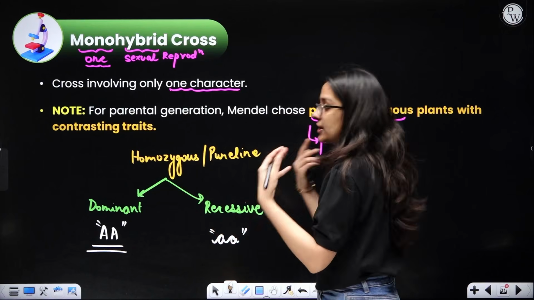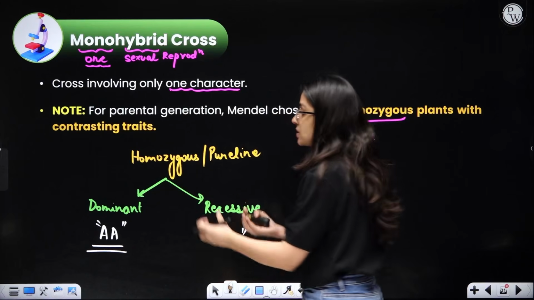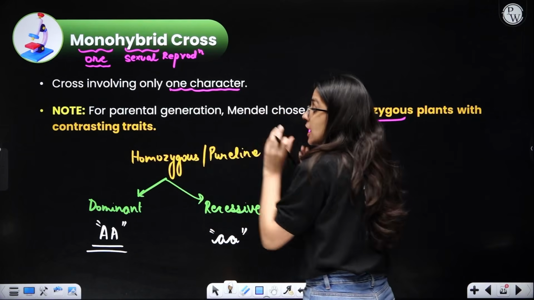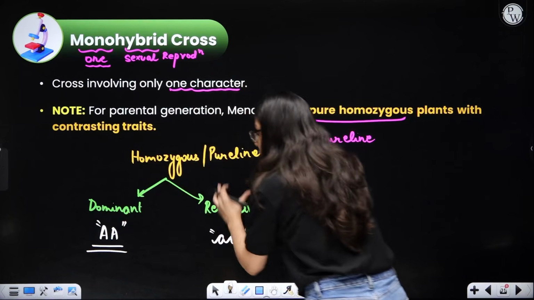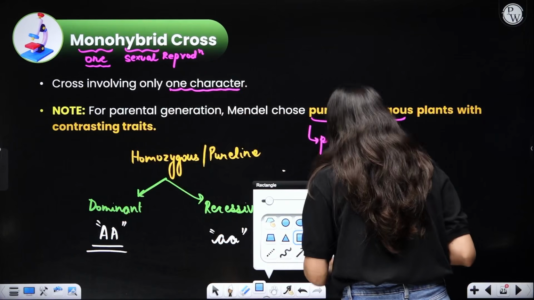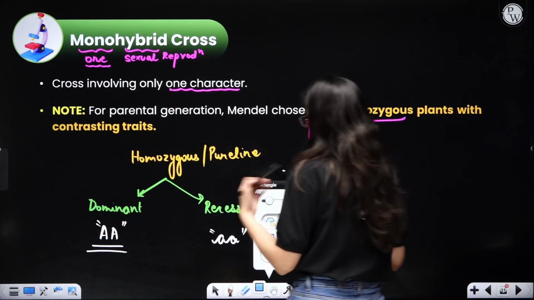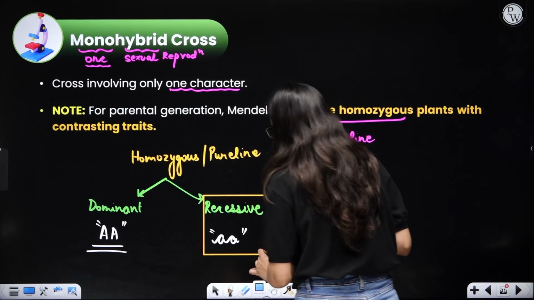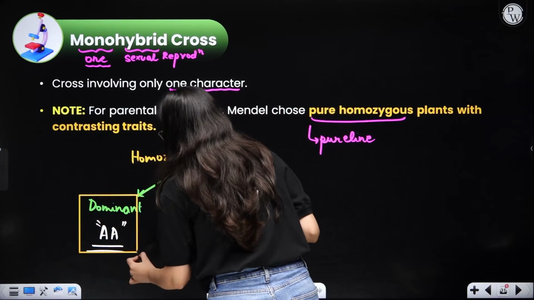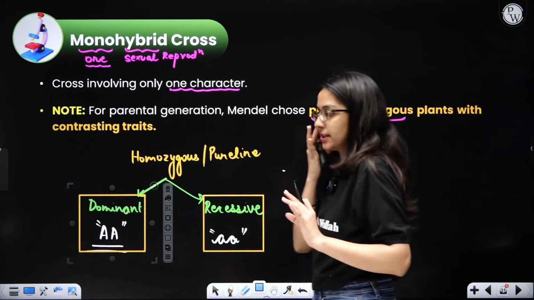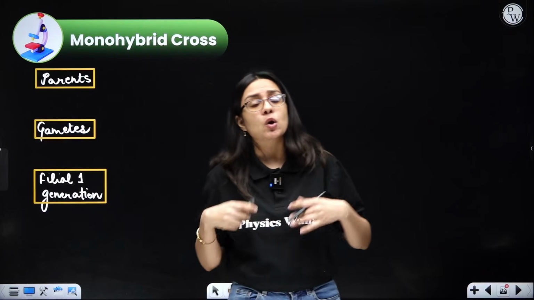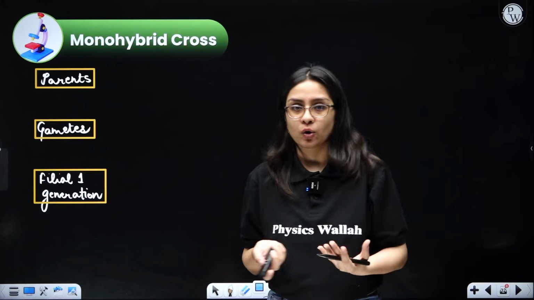For the first generation of parents, Mendel chose homozygous or pure lines. What does homozygous or pure line mean? Either it is absolutely dominant or it is absolutely recessive. So whenever you see this in a question, this will also help you in solving the numericals, that pure lines or homozygous means they are either homozygous dominant or homozygous recessive. That is the parental condition, and that will also make things easier for all of you.